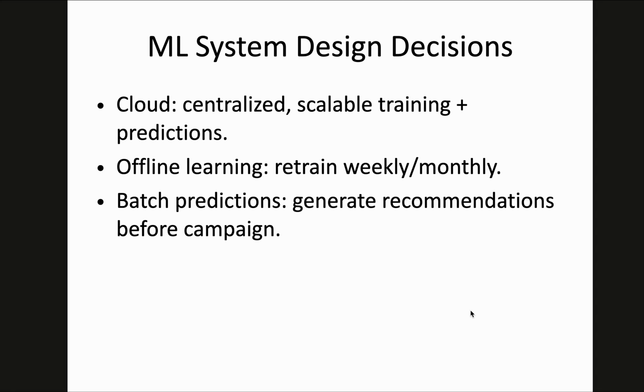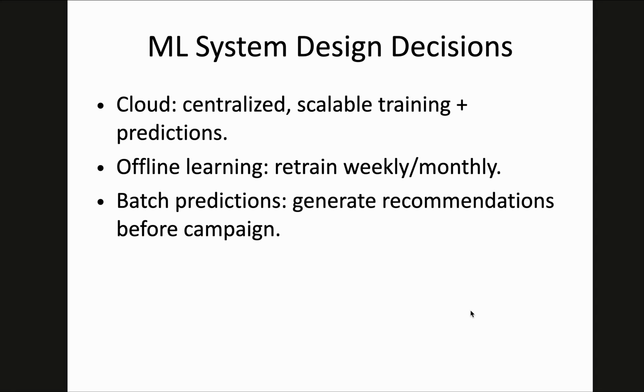I'm choosing offline learning just because there is no need for retraining more often than weekly or even monthly, just because customer preferences do not shift over minutes, but rather they shift over weeks or months, more months if not years, right?